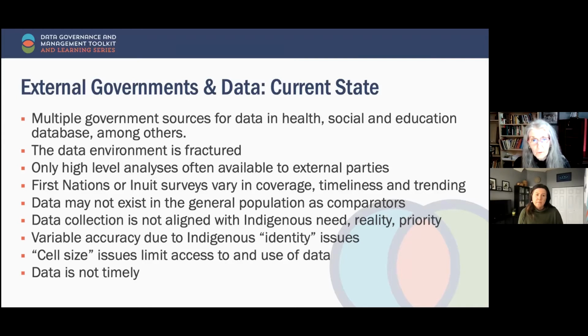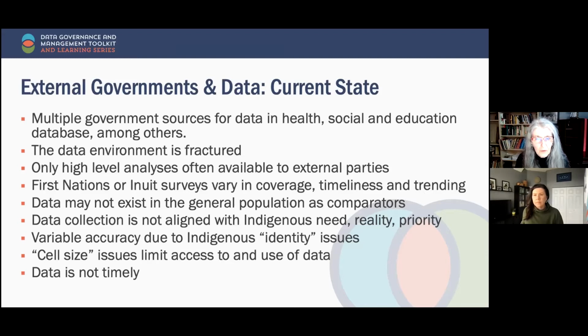But also, the RHS is only held every 5 years. These other surveys that have come up from the FNIGC, First Nations Information Governance Centre, are new and probably will be very intermittent, which makes it difficult to have timely data, and it doesn't allow you to trend from one time period to another very well to check for improvements in your population or changes.